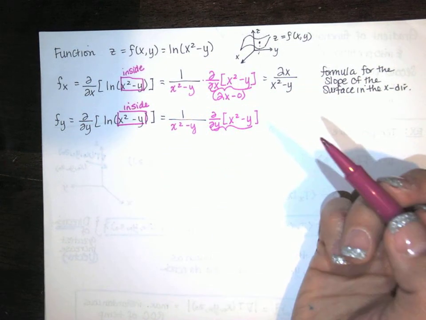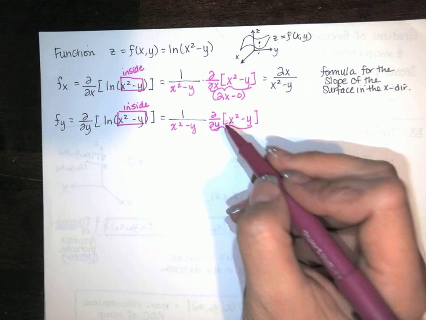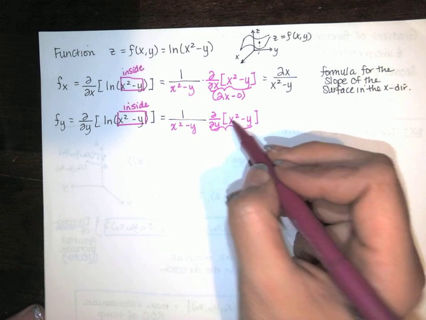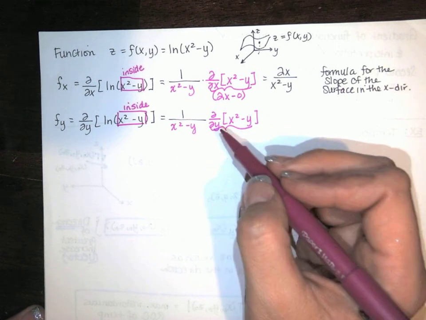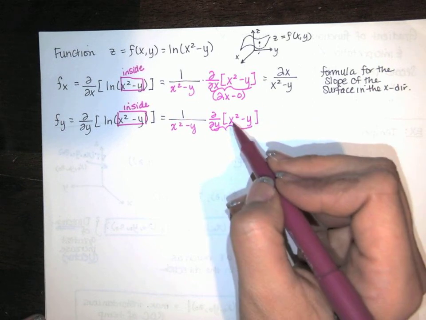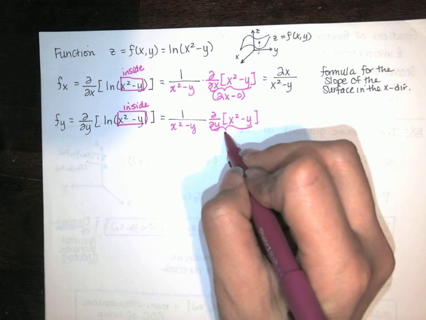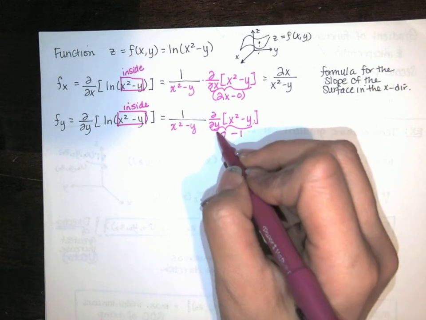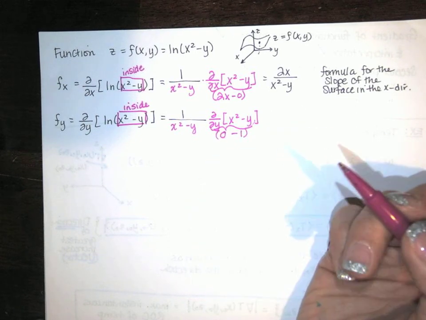And the derivative of x squared with respect to y is just 0 because there's no y's in it. If x is a constant, this might as well be a 3 squared. Derivative of 9 with respect to y is 0. So the derivative of x squared with respect to y, if x is a constant, is 0. So we just get a 0 and a negative 1 here. Derivative of negative y with respect to y is just its coefficient of negative 1.